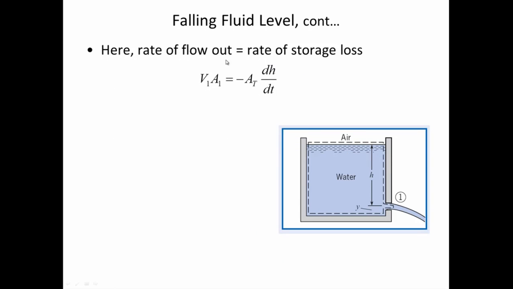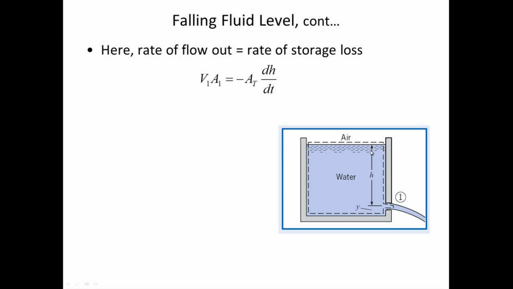So this is the flow rate out, volumetric flow rate at this point, since we're just working in terms of volume, velocity and area. We haven't yet multiplied anything by density. And this is the change in volume over time inside of the tank. And so A sub T is the cross-sectional area of the tank, and dH/dt is the change in the water height over time.